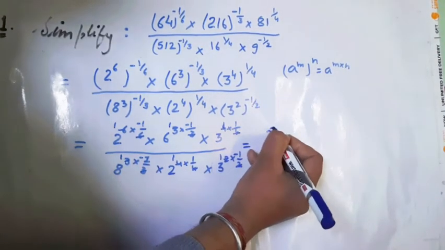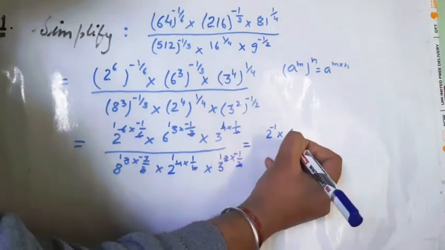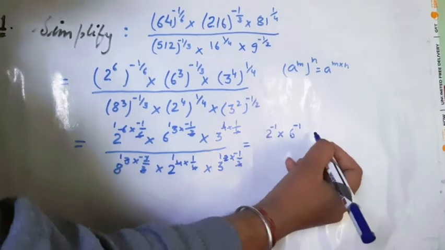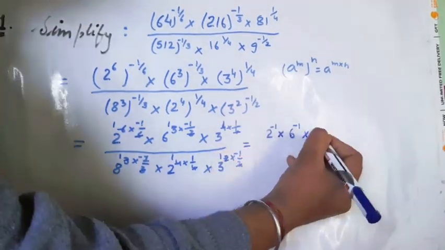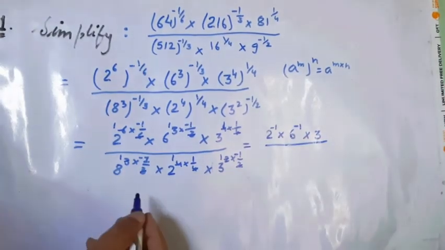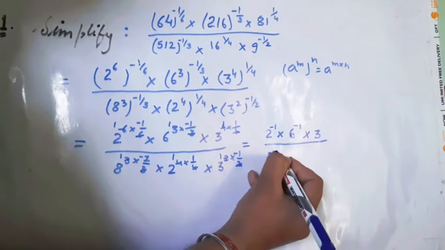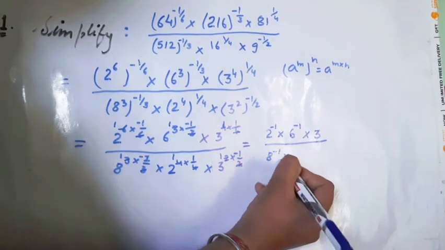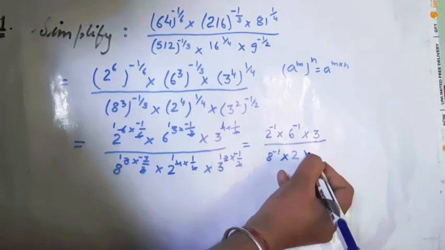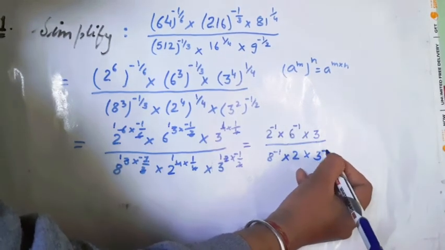So 2 raised to power minus 1 multiplied by 6 raised to power minus 1 multiply by 3 raised to power 1, which can be written as 3, whole divided by 8 raised to power minus 1 multiply by 2 raised to power 1, which can be written as 2, multiply by 3 raised to power minus 1.